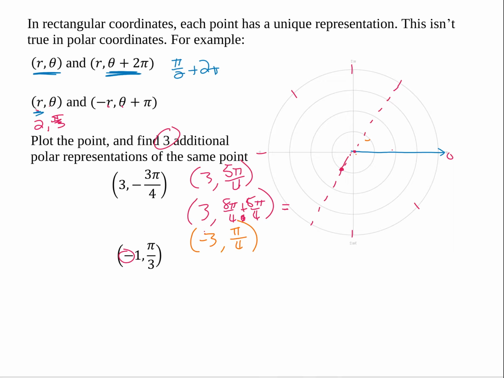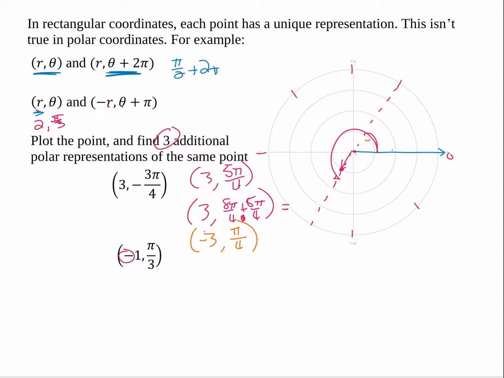Once I reflected it, now I have this ray right here, okay? So that is the position negative 1 comma pi over 3. The pi over 3 is right here. I reflect it for that negative 1, and now I have the correct position. So now we need 3 more that match this ray that I just drew. So what could we do? Well, we can say, what if we just did it normal and we went around to here?